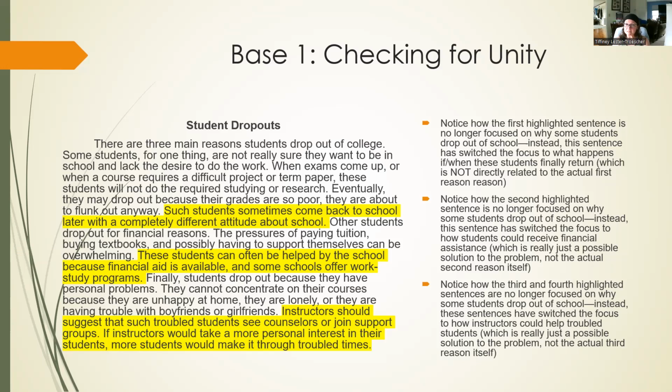However, it is possible that the student could look at this and say, "I know my topic sentence says that I'm only going to focus on the reasons why students drop out, but maybe I'm actually more interested in the possible solutions. Maybe I didn't get all of my pre-writing ideas onto paper in the beginning of my process, and it turns out that I have some additional ideas, maybe something that I like even more than what my original topic was going to be."